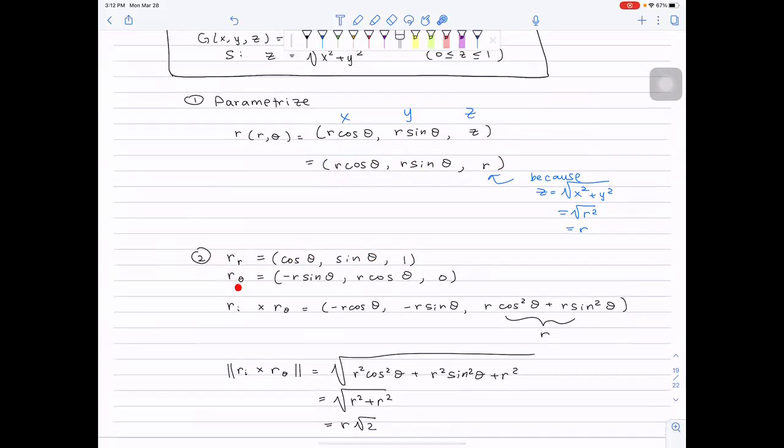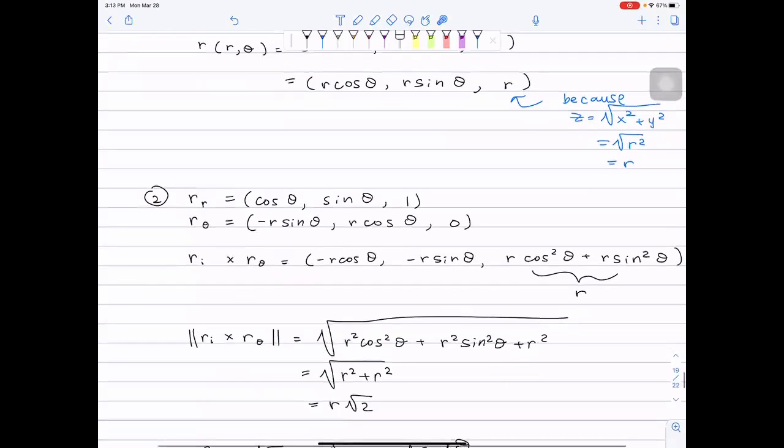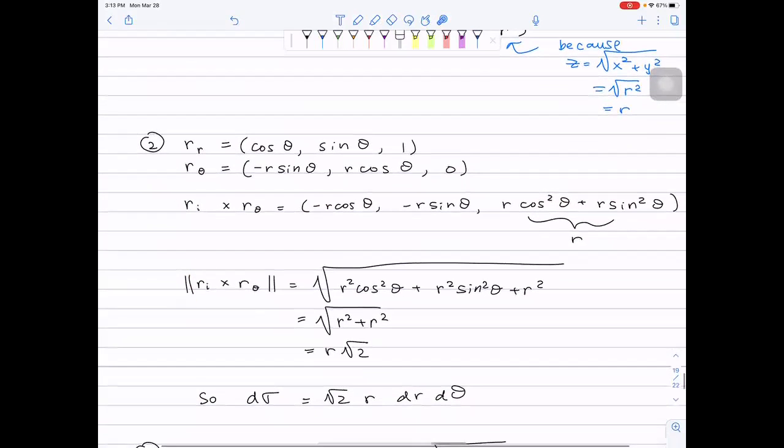Then this r sub theta, that's your derivative with respect to theta. So if I took the derivative of this, I get negative r sine theta, r cosine theta. There's no theta here, so 0. And I compute the cross product of these 2 things, and I get this expression. Then I take the length of it, and I get r square root 2.